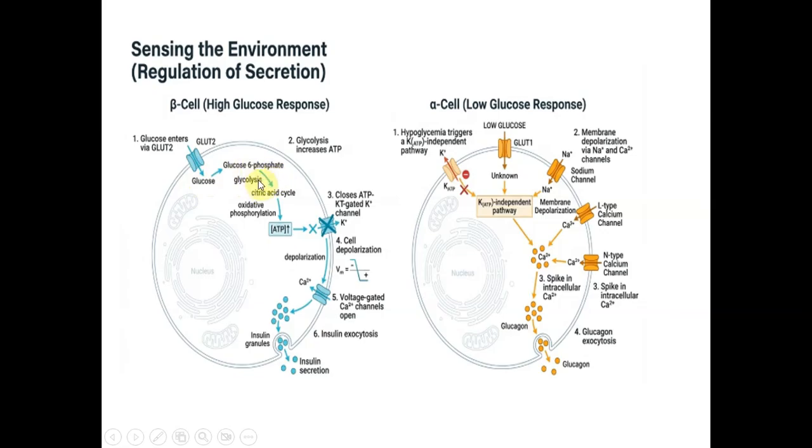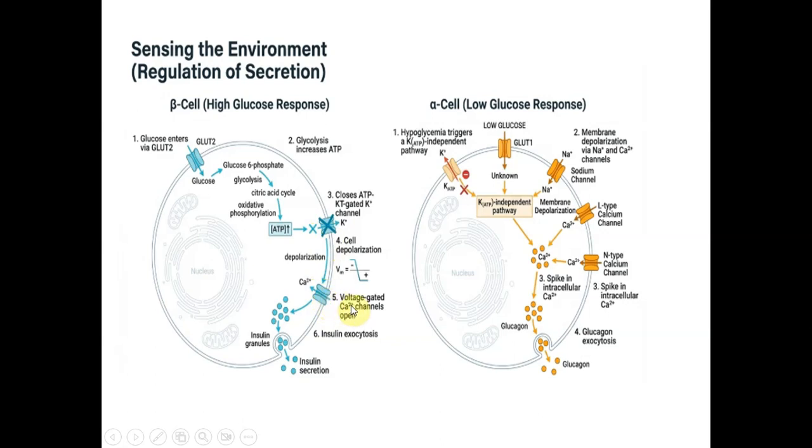Then via glycolysis it enters the citric acid cycle, and oxidative phosphorylation leads to the production of ATP in the mitochondria. Increased ATP closes the ATP-sensitive potassium channels, which causes depolarization.